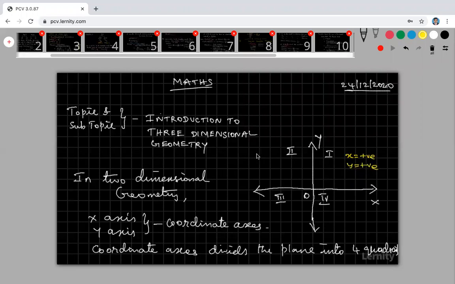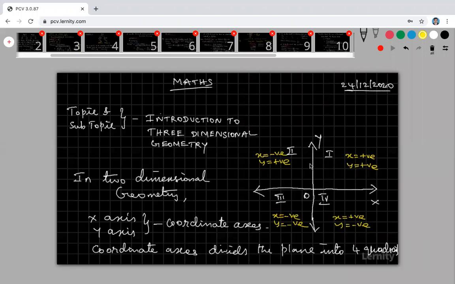In this quadrant, my x is negative and y is positive. In this quadrant, x is negative and y is negative. Here x is positive, y is negative.